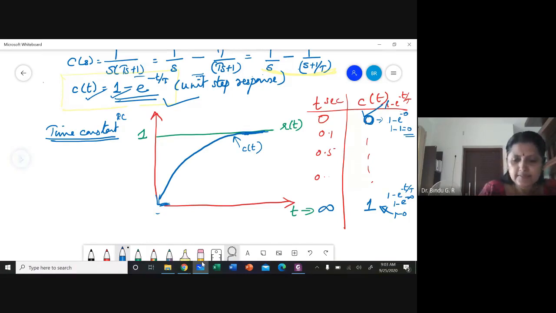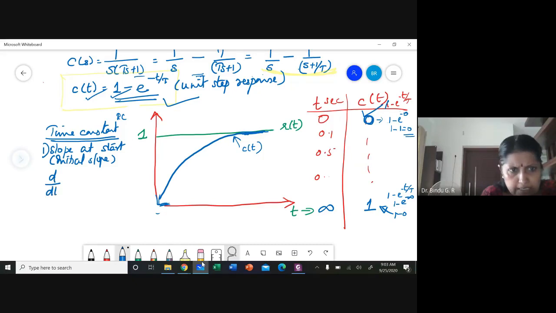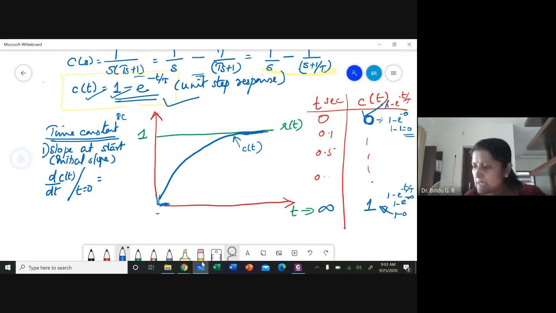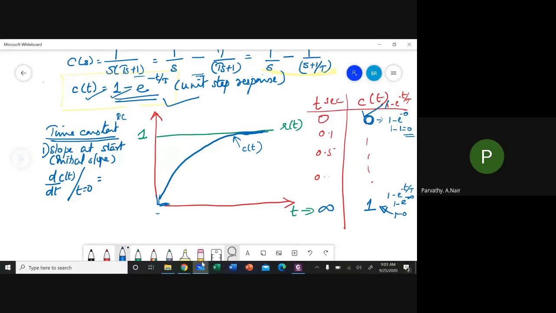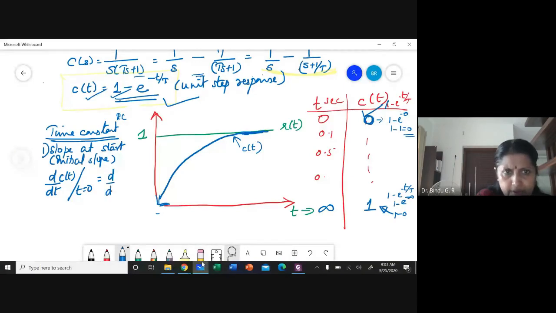Now, let me first find out the initial slope of the curve. Slope is always found out by finding d by dt of Ct at t is equal to 0. Parvati, find out the slope d by dt of 1 minus e raised to minus t by T at t is equal to 0.